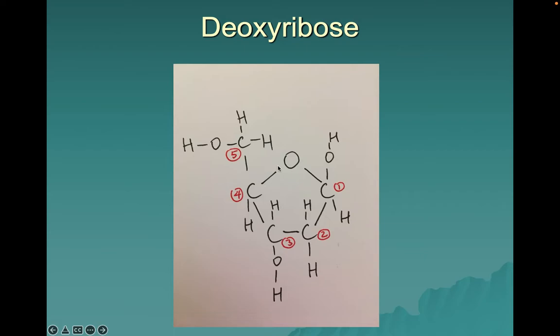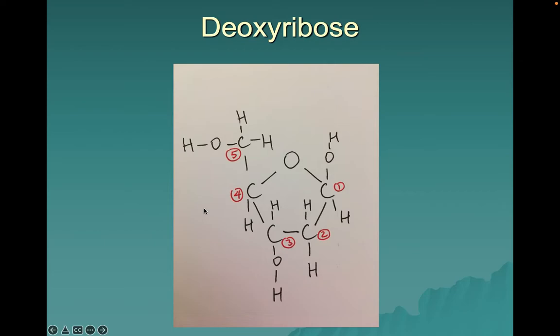Another point I was going to make is the numbering of carbon atoms. There is a rule about how carbon atoms are numbered in sugars in organic chemistry. You always start from the oxygen in the pentagon and move clockwise, counting your carbons. So that is carbon 1, 2, 3, 4, and 5.